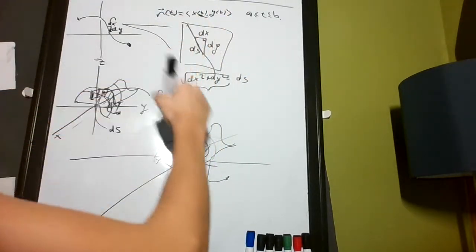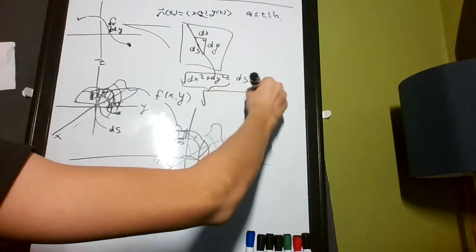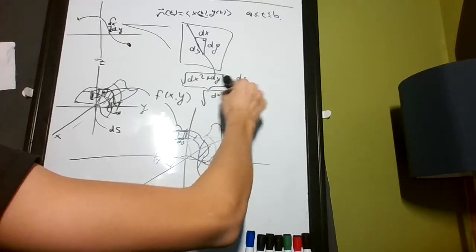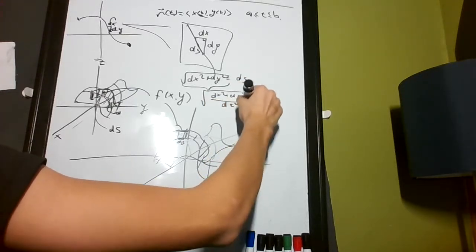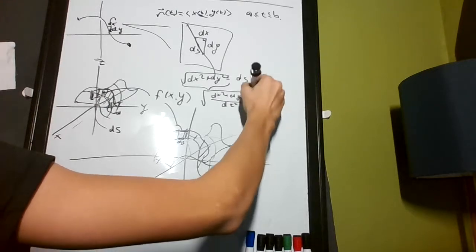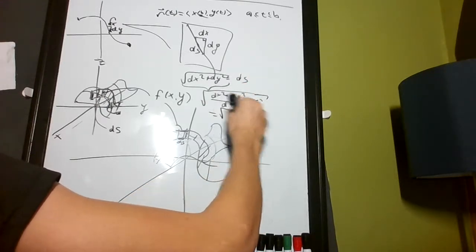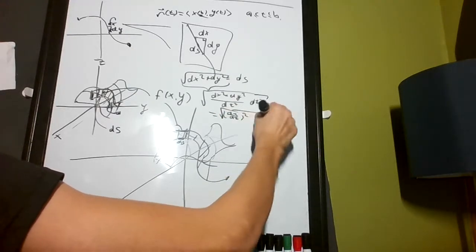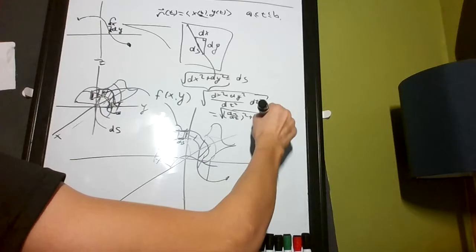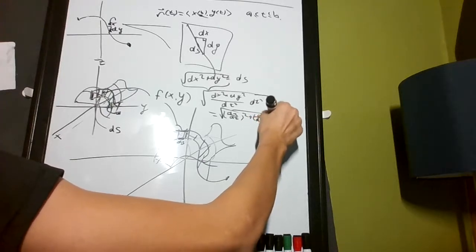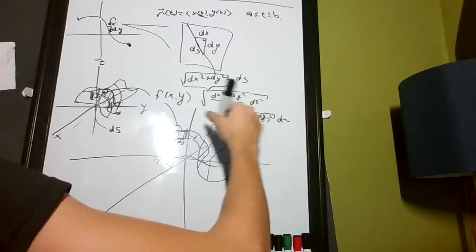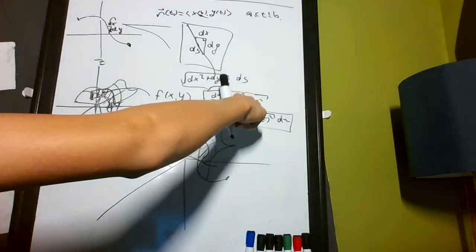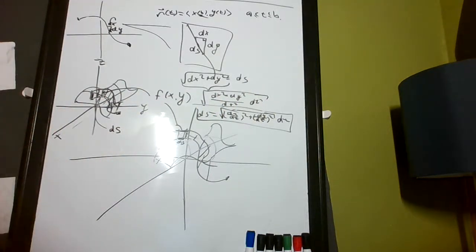So I'm going to divide by dt squared and multiply by dt squared. Out of this I get dx over dt squared plus dy over dt squared, multiplied by dt, and this gives me ds, because I can multiply and divide by the same number and get the same thing out.